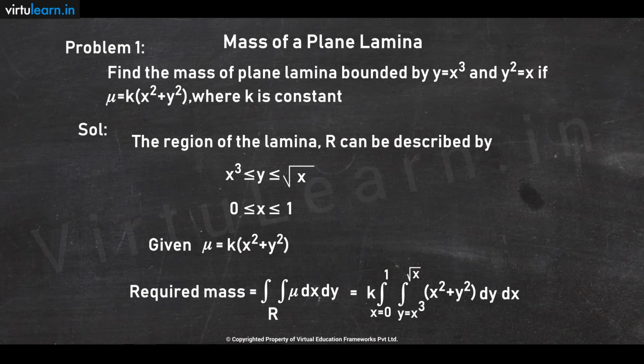Now we can integrate with respect to y. Fine, because y has got variable limit. So on integrating with respect to y, we get k times integral x is equal to 0 to 1 of x square y plus y cube by 3 to be evaluated at y is equal to x cube and root x dx.